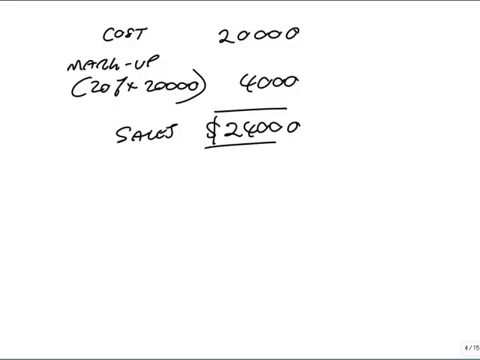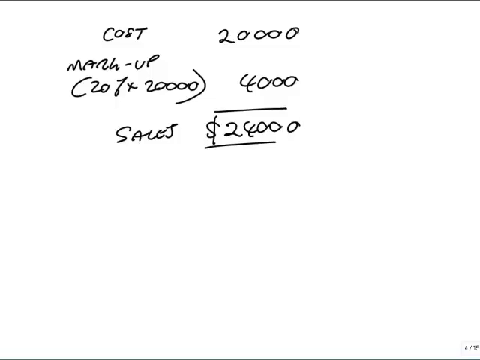The only little trick there can be, but I don't think it's hard, is having you work backwards, effectively. Look at B. Karen, this time I've told you what her sales are. Her sales are 50,000.